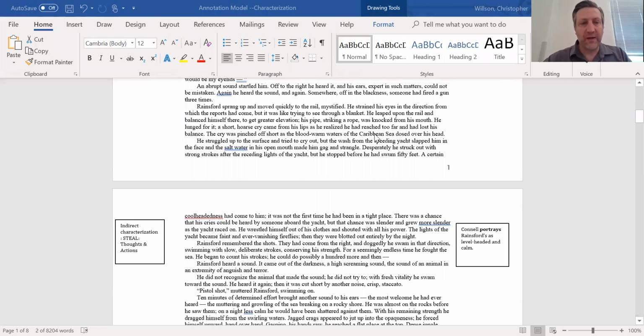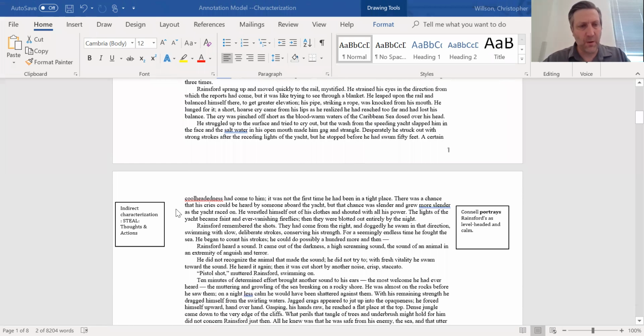Okay, then moving on. So he falls off the ship. He ends up on this island that everyone is so worried about, and we get some of his thoughts and actions. Through those thoughts and actions, we know that the author is portraying Rainsford as level-headed and calm.